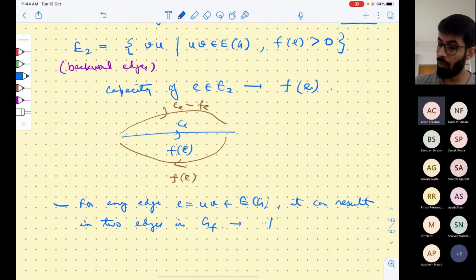And if FE is greater than 0, then two edges.